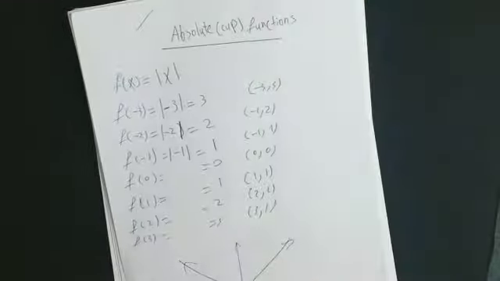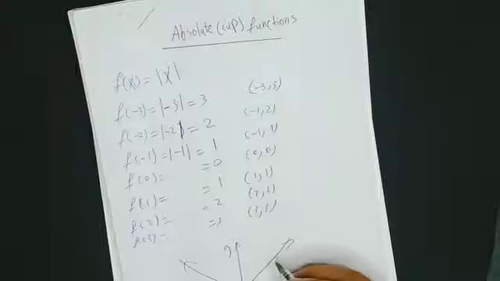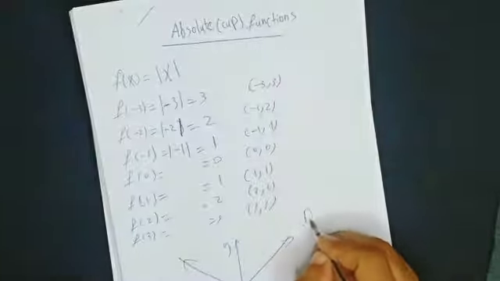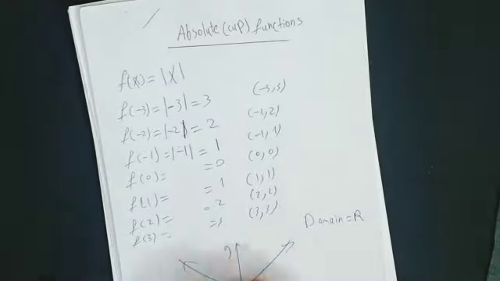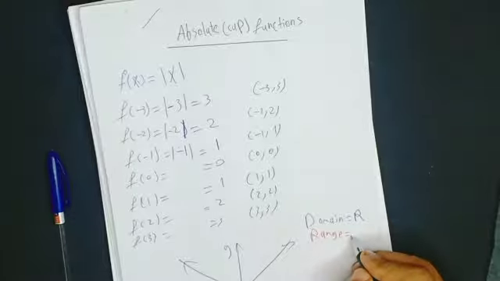On the y' and x' axes, the function will be in the form of a cup, therefore we call it a cup function. This function has the domain equal R, range equal 0 to infinity.